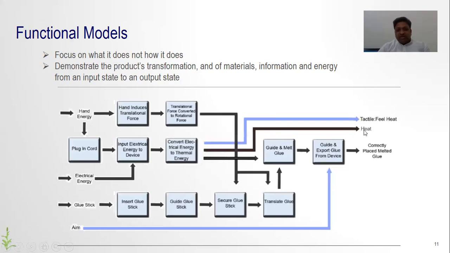Then it is actual heat, which is going to guide and melt the glue, and guide and export the glue from the device, then correctly place it on the melted glue. So here the electrical energy is the input supply, and here is the glue stick, an insert glue stick, like in a gun, a candle-type glue stick will be there.